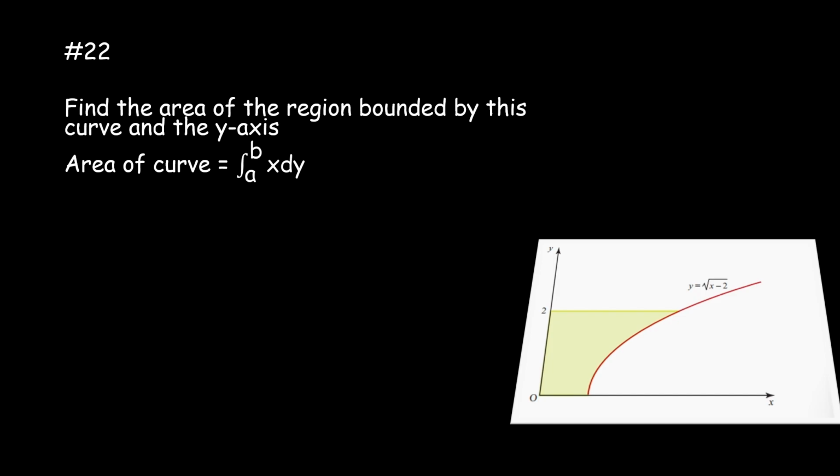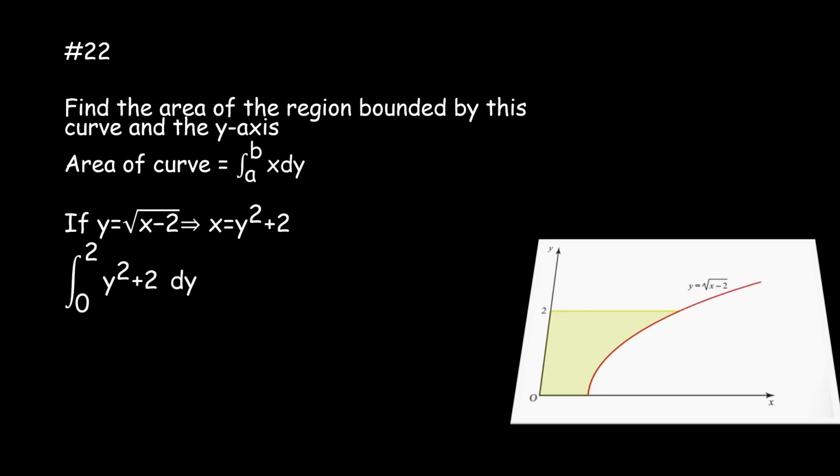Now if y is equal to square root of (x minus 2), this implies that x would just be y squared plus 2. Substituting that, we are going to have the integral of (y squared plus 2) dy, which is pretty simple. This will give us y cubed over 3 plus 2y, and we need to substitute 0 to 2.